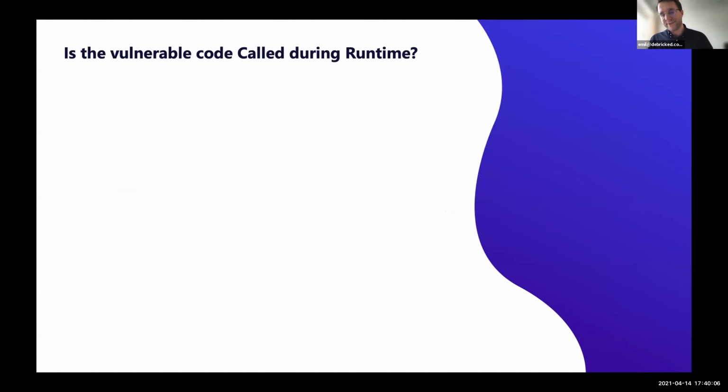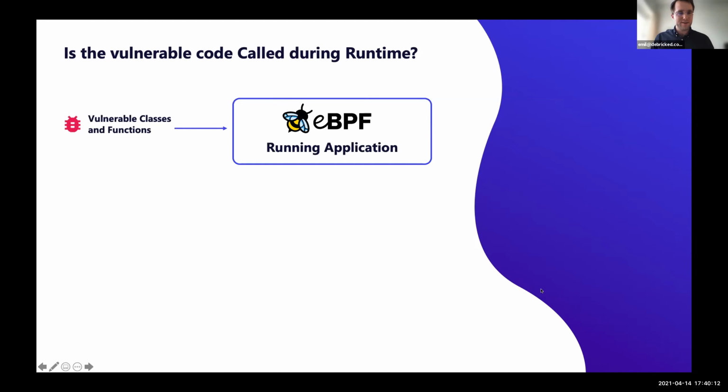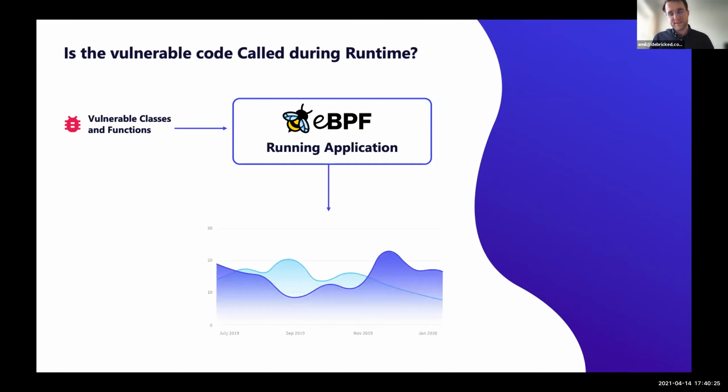It's another startup in the northern parts of Sweden, where we are sending the vulnerable classes and functions to the running environment, and tracking and tracing those functions using a technology called eBPF. This can then be displayed in a nice time series where you can view how much each vulnerable functionality is called.